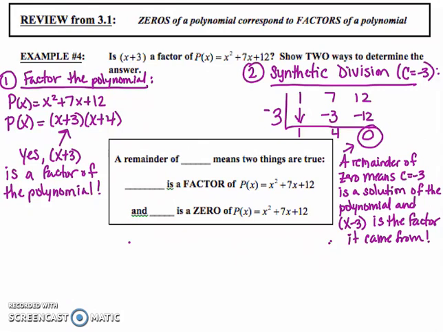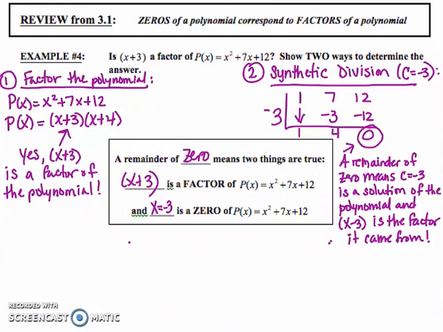Okay. So a remainder of 0 means 2 things are true. It means that x plus 3 is a factor of p of x, and it means that x equals negative 3 is a 0 of p of x. That's pretty powerful information for us right now.